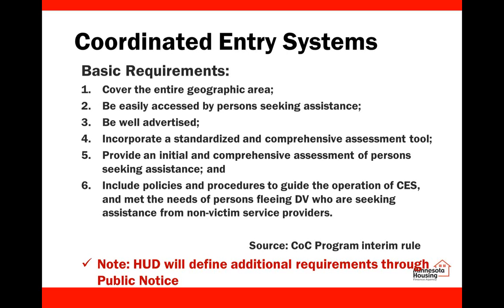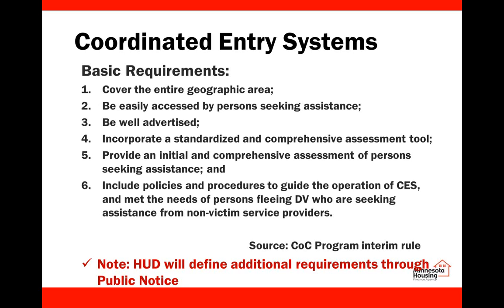Related to that is number 5. They must then use that standardized assessment tool to apply a consistent process for documenting the needs and preferences of clients who are seeking assistance. And then finally, 6, every continuum of care must promulgate policies and procedures which guide the operation of their coordinated entry system.